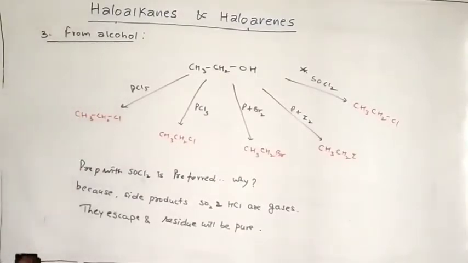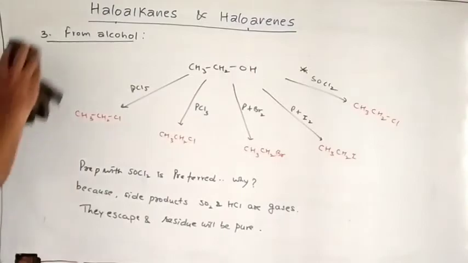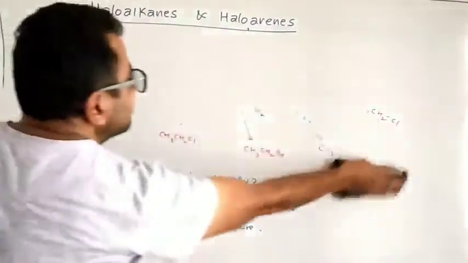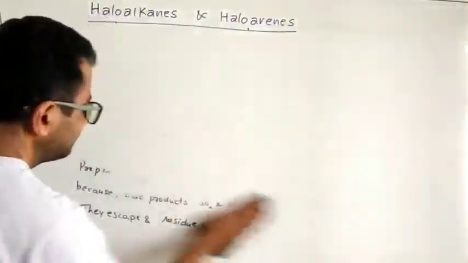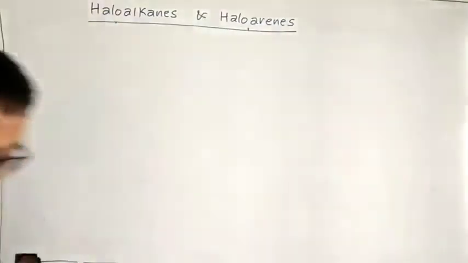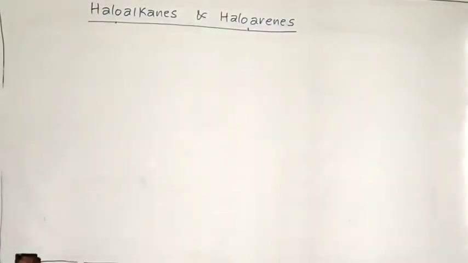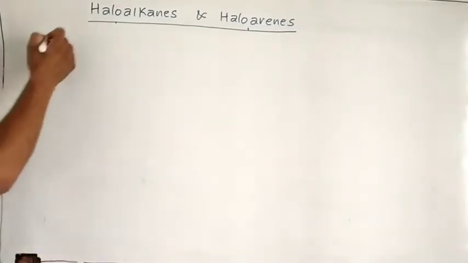Okay. So these are the 3 methods from alcohol. Next, fourth method is preparation by halide exchange method.